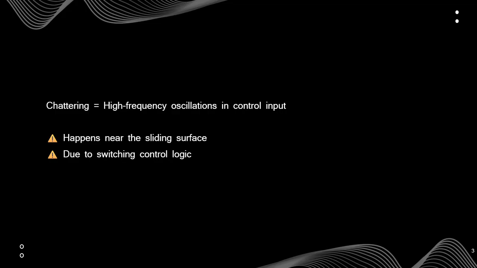Chattering refers to rapid, high-frequency switching in the control signal, often seen when the system state is very close to the sliding surface. It's caused by the discontinuous nature of SMC, where the controller constantly switches direction to keep the system on the surface.